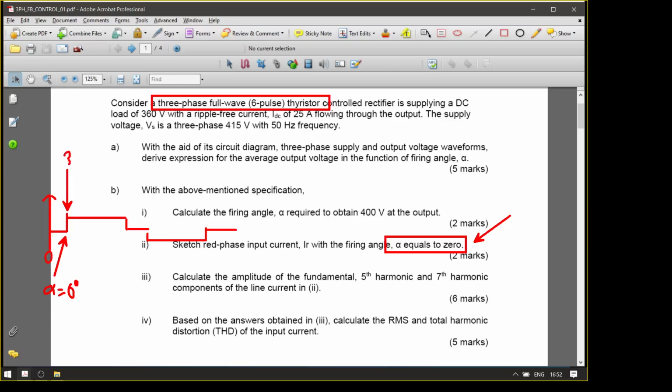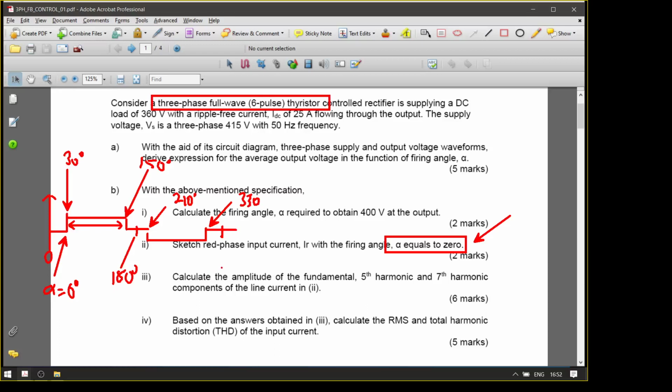This is 30 degrees, and then we have 120 degree from there to there, and therefore this is 150 degree, and then that will be 180 degree. This is 210, then this is 330 degree, and finally you have 360 there. So one complete cycle. This is similar to the uncontrolled rectifier.